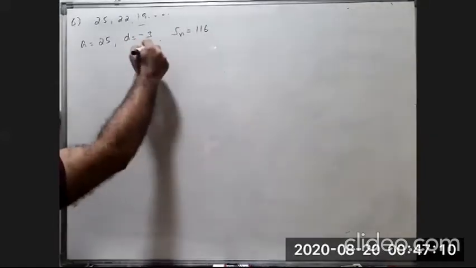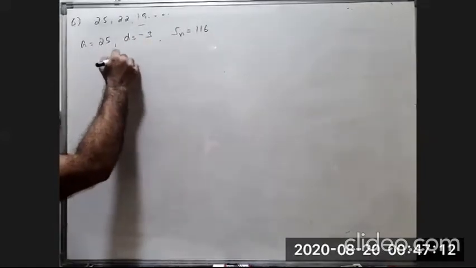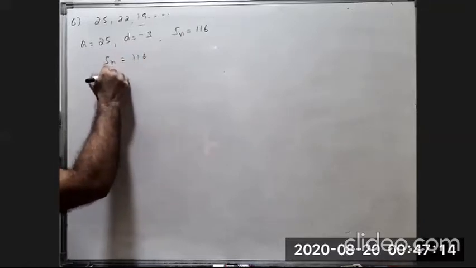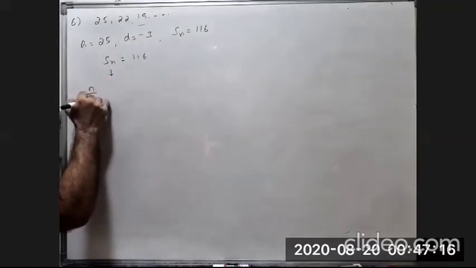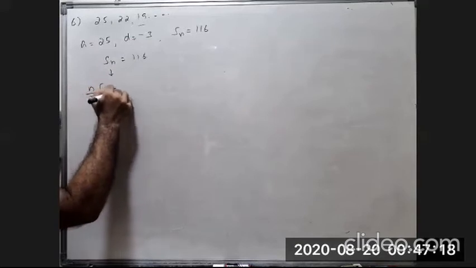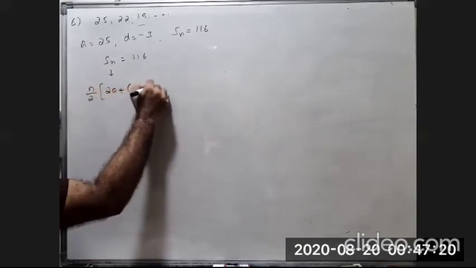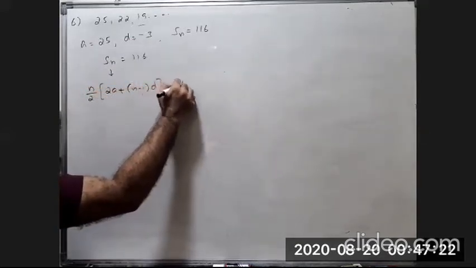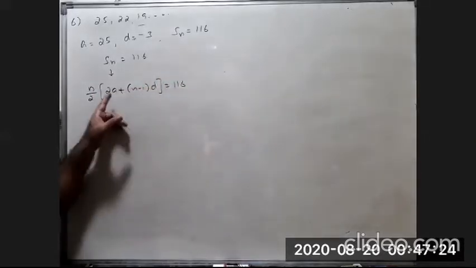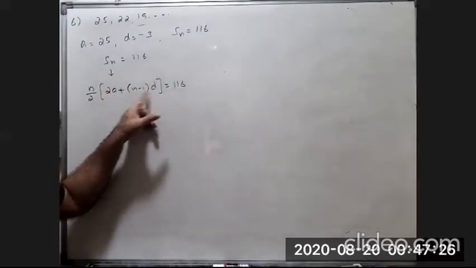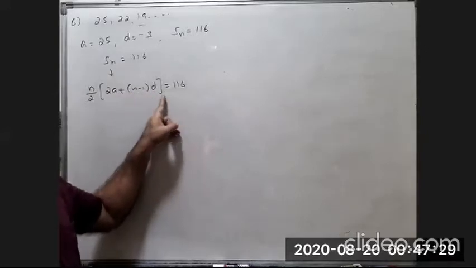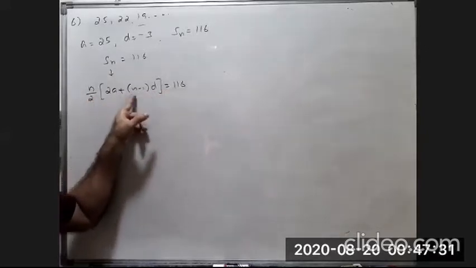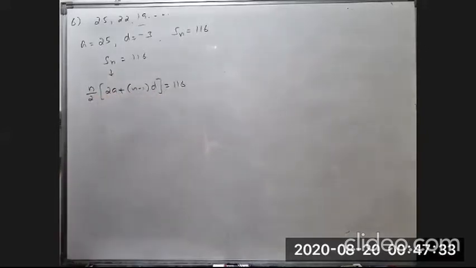So we start from S_n. S_n is 116. The formula for S_n is n by 2 into (2a plus (n minus 1) d) is 116. We know the value of a and d. Substitute the value of a and d. We will get a quadratic equation in n which can be solved.